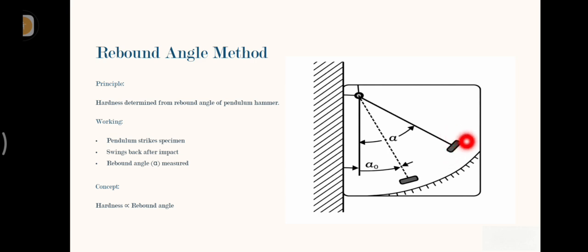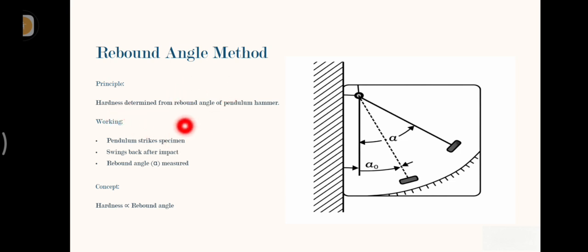We release this steel ball or any type of indenter such that it will go along a curved path, hit the specimen, and rebound back. The initial angle and the rebounded angle are measured, and from these we determine the hardness of the material. The main principle is that hardness is determined from the angle.